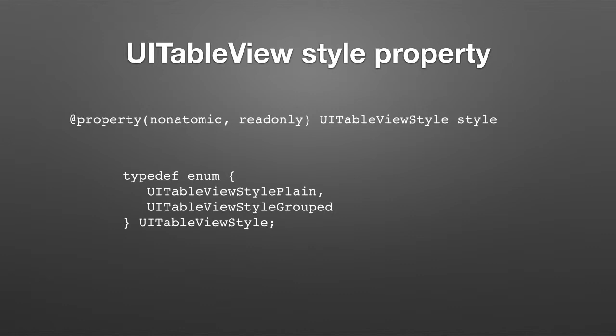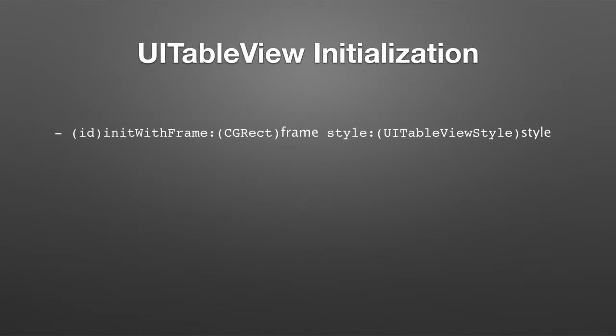Now, if you take a look at the initializer for a UITableView, you have a standard frame, it is a view, and you also have a style parameter. So if you're actually creating the table view programmatically rather than in the storyboard, you would pass in what style you want.